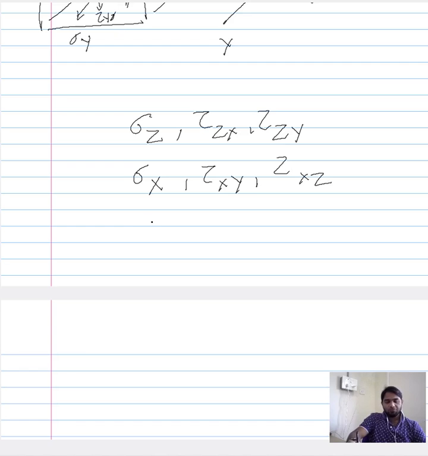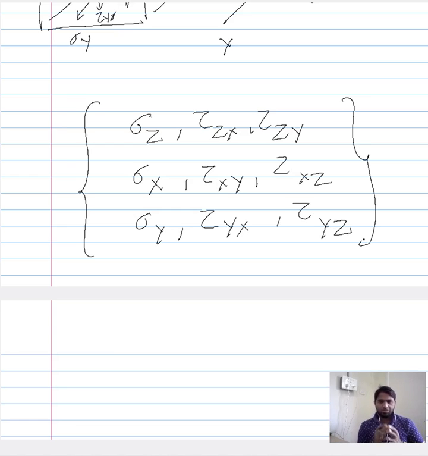Similarly, for the tensile loading along the y axis we have sigma y, tau yx and tau yz. So we saw that we needed nine components of stresses to describe the mechanical condition experienced by a simple element, a single small element or a point in a three-dimensional setup experiencing triaxial loading. So the keywords here are three-dimensional setup, a simple element or a point, experiencing triaxial loading.